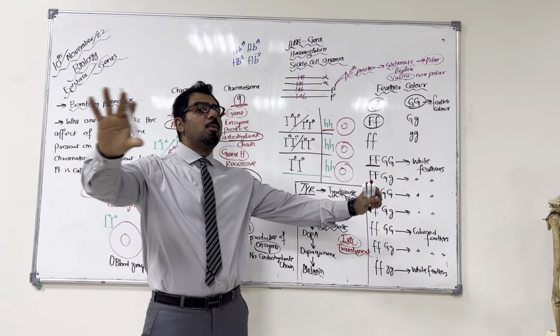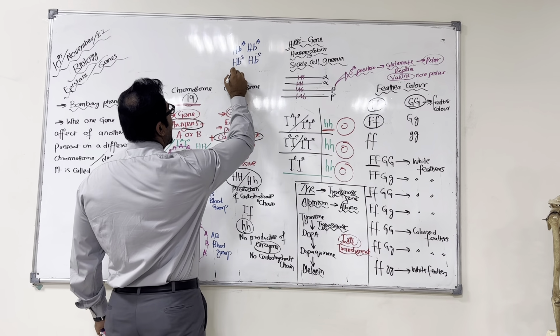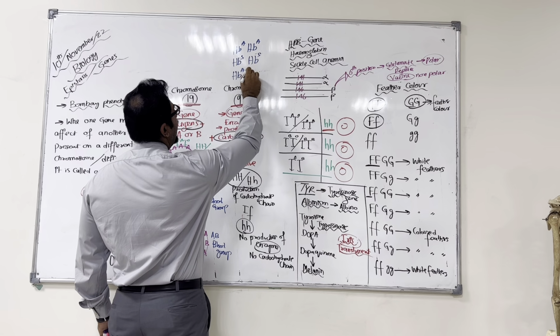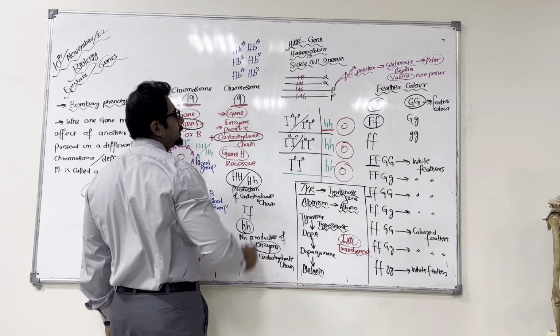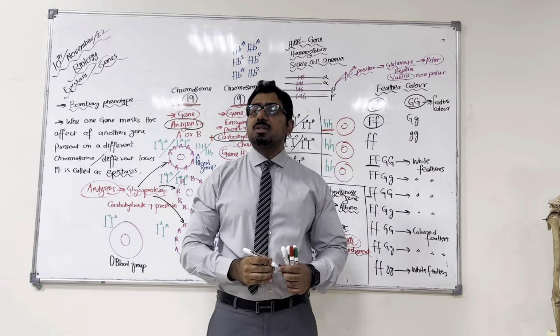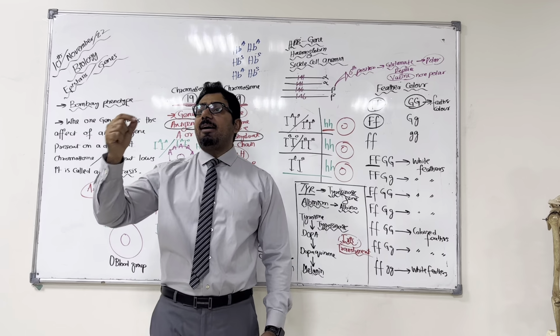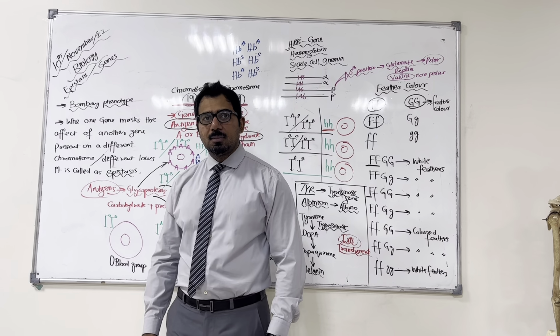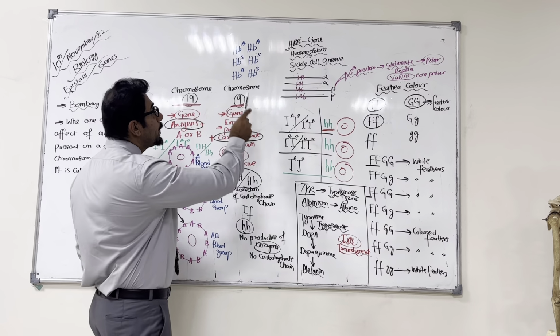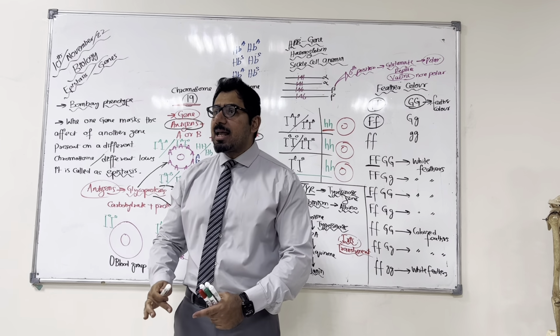His whole hemoglobin will be what? Defective. But a person can be what? HbA and HbS. Now, in this condition, this person will have both normal hemoglobin as well as defective hemoglobin. Understand? As this person has both normal and defective hemoglobin, this is an example of codominance.